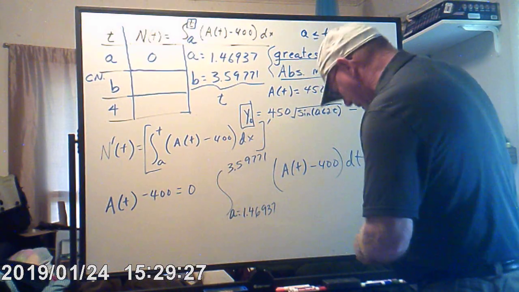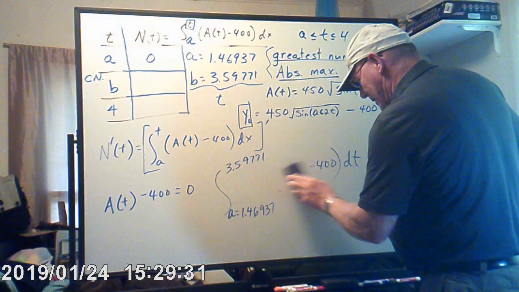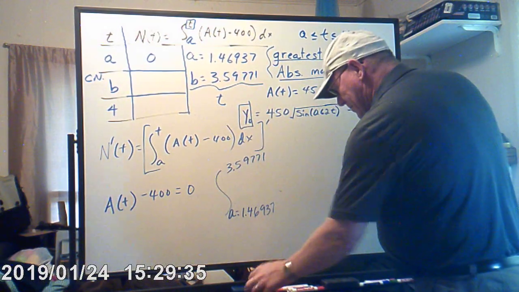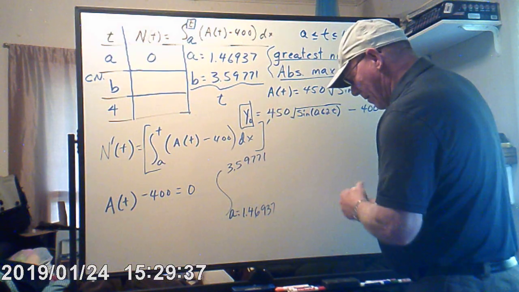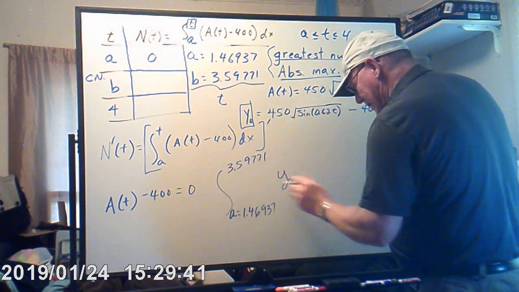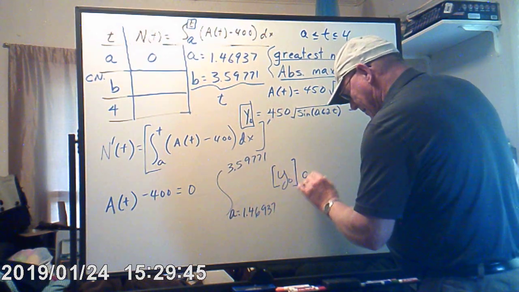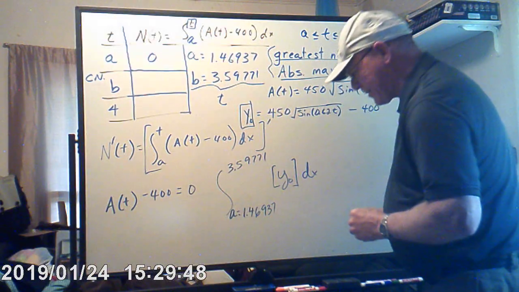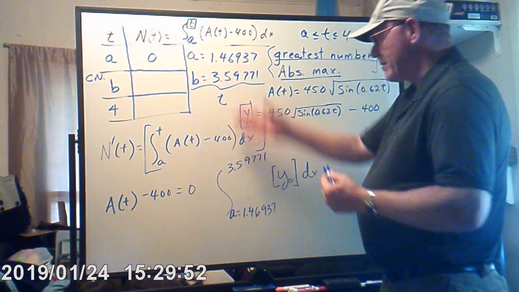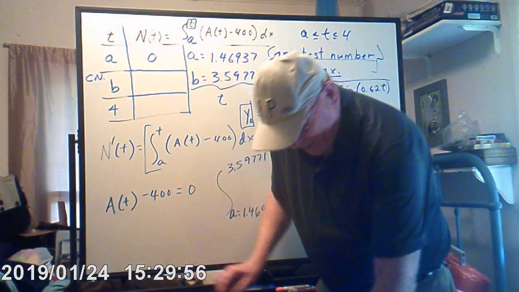Now, all of this happens to be where I stored it. I stored it in y sub 0, so I can simply call up this y sub 0, and on the calculator it'll say dx. That's okay. We know that it's really t because we're looking at time, aren't we?